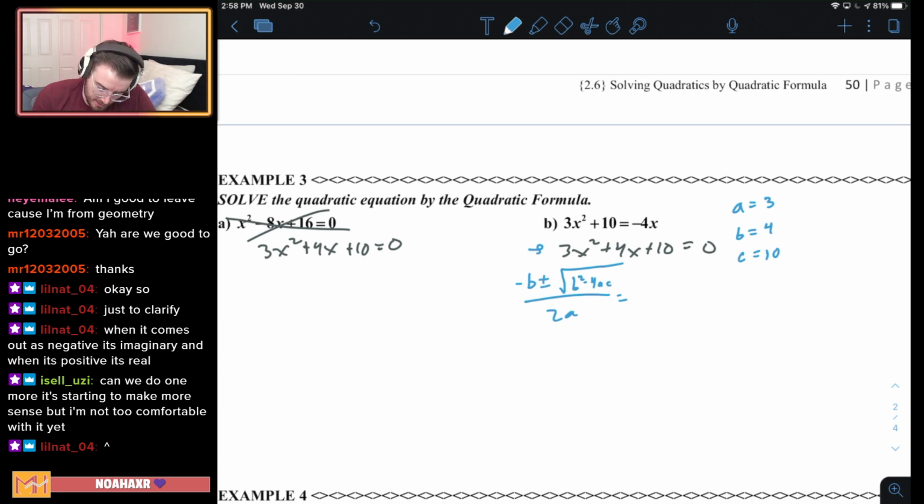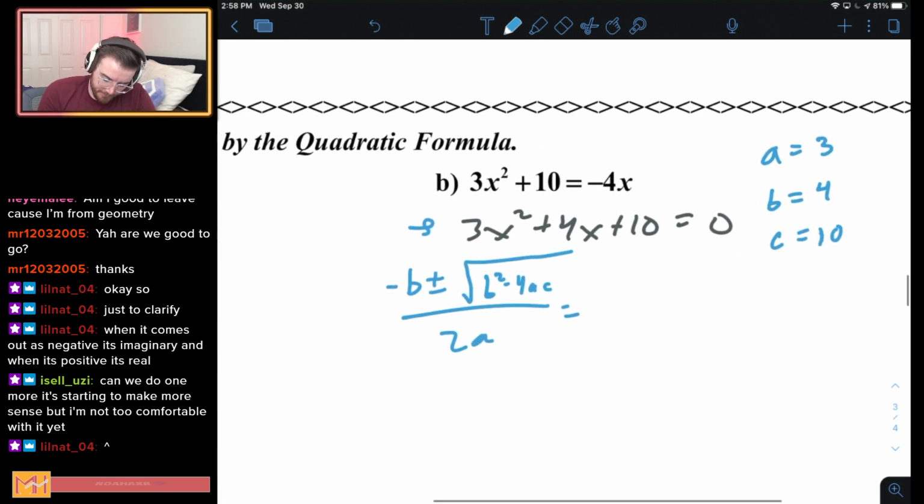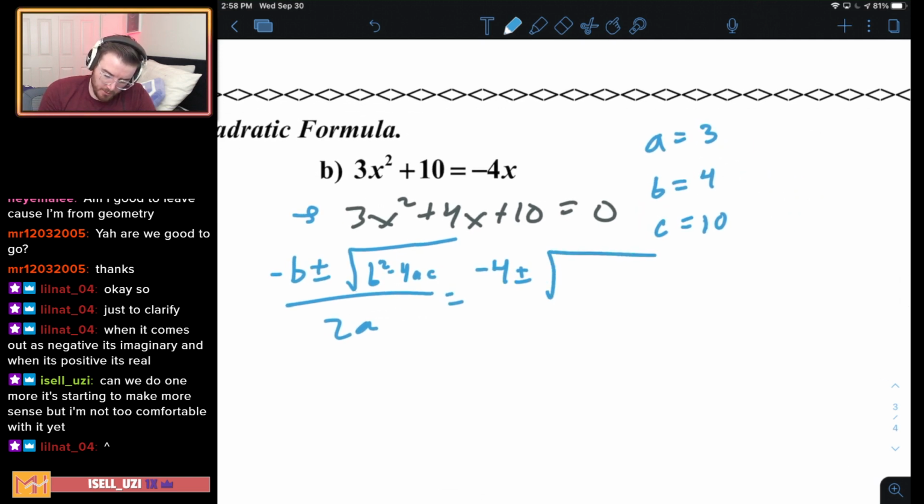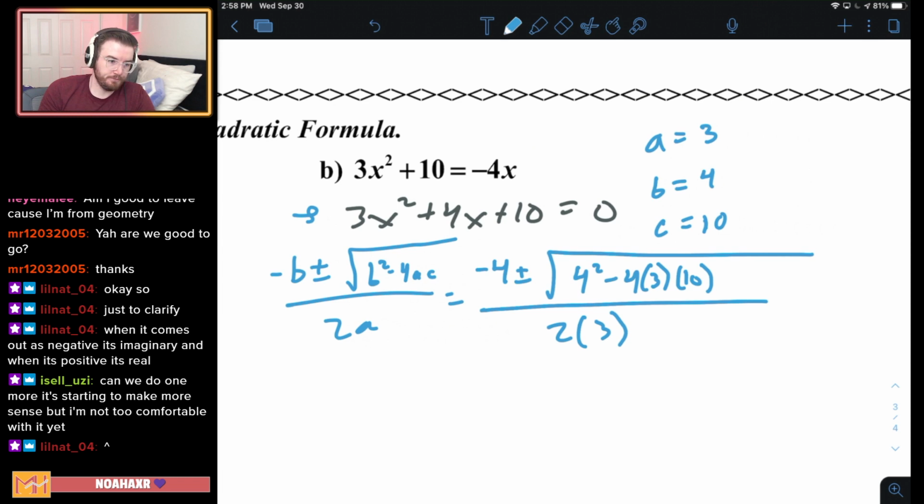So that turns into negative 4 plus or minus the square root of b squared minus 4ac all over 2a.